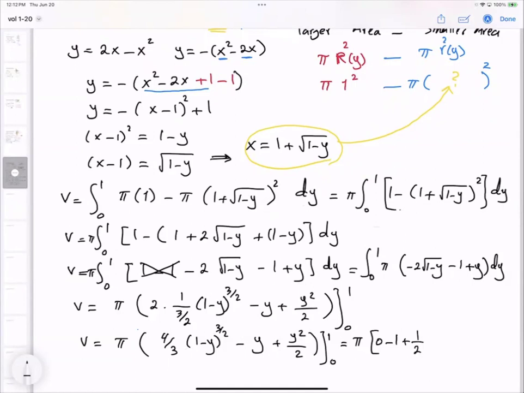When you plug in 0, you get 4/3, so minus 4/3. And when we do the calculation, you get pi, and if you combine these two, you get negative a half minus 4/3, which gives us, let me make sure I did the calculation correctly.